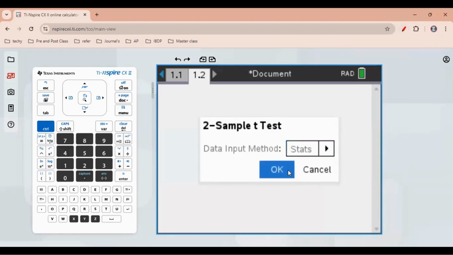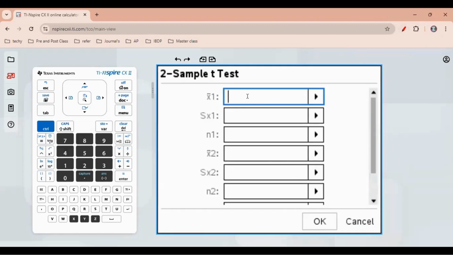We directly have those values like x1 bar, the first sample. What is the mean? Then here, what is the standard deviation? Like those values we need to give, sx1. Let's go. So here I got 6.93. This is already calculated for sample 1, all the things that we have solved.